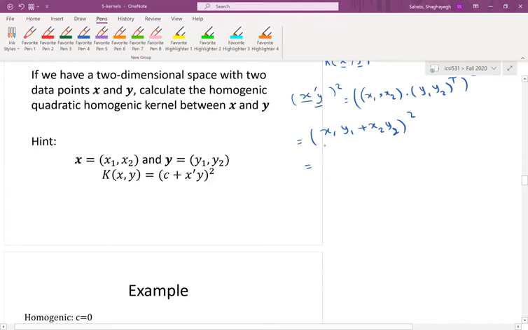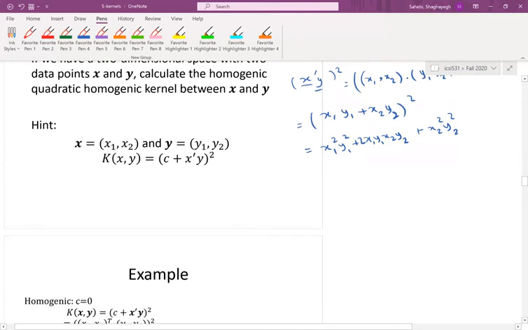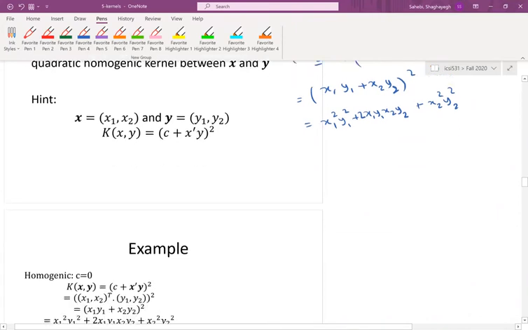So it's going to be equal to the square of the first one, x1 square, y1 square, plus the square of the second one, x2 square, y2 square, plus the multiplication of the first one and second one, right? So x1, y1, x2, y2, and two of them. So this is the value of kernel between x and y that we are going to get for these two data points in the original two-dimensional space.